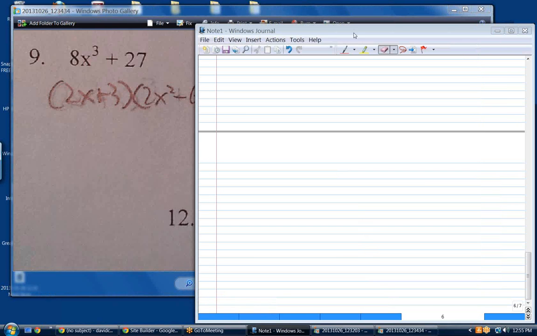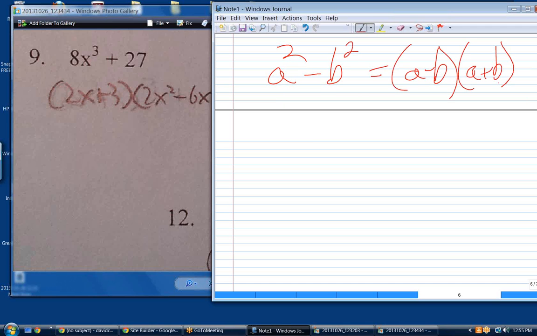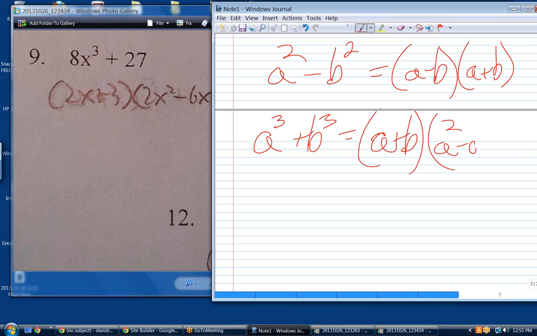Here we got the sum of cubes. All right, now I know what I was doing. It's not a plus b cubed, it's a cubed plus b cubed that you can factor. In the same way that a squared minus b squared factors into a minus b times a plus b, a cubed plus b cubed factors into a plus b times a squared minus ab plus b squared.